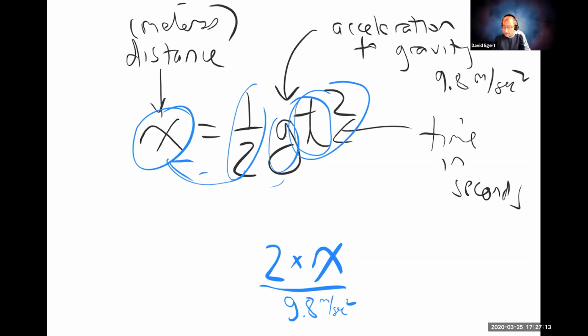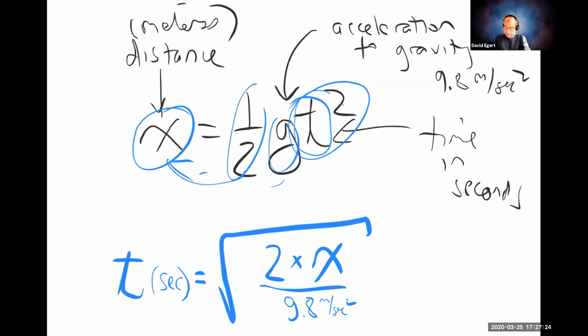And because this is a square, I have to take the square root of that. That's going to be time in seconds, and this is the distance it fell in meters. So you're going to have to make sure you convert your distance from centimeters into meters.